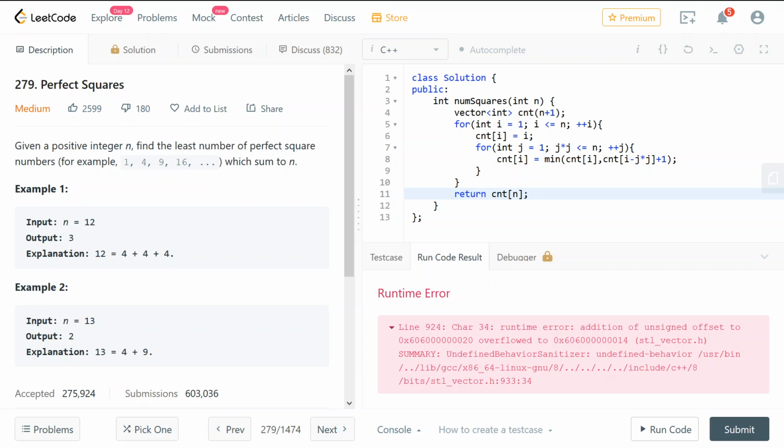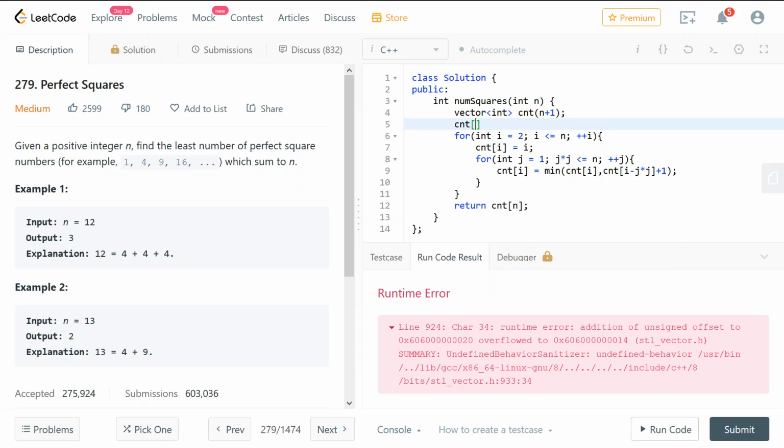So for 12 we can have 1, 1. Okay, we should start by 2. So it's not working for 1. Why? Because here, when it's 1, this will become 1 times 1. Yeah, it's not okay, I think.